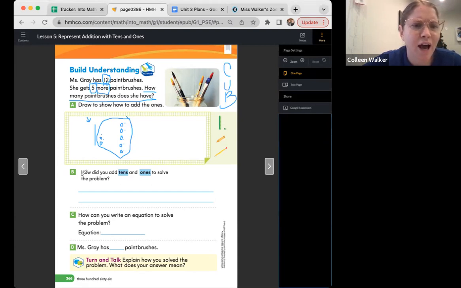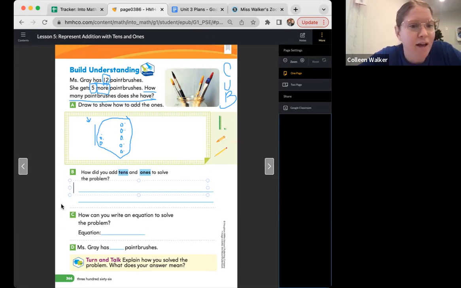So let's look at the first question here. It says, how did you add the tens and the ones to solve the problem? What did we do, friends? Yeah, we were able to draw a circle right around all of the ones to group them all together. And then we added 10. We counted on from 10. We added the 10 and the 7, and we got 17.